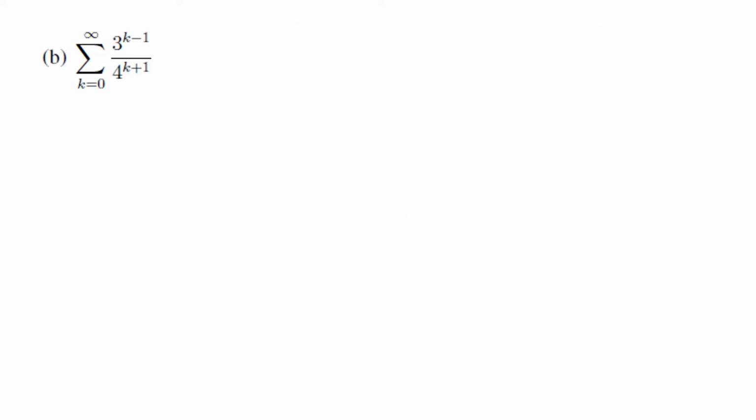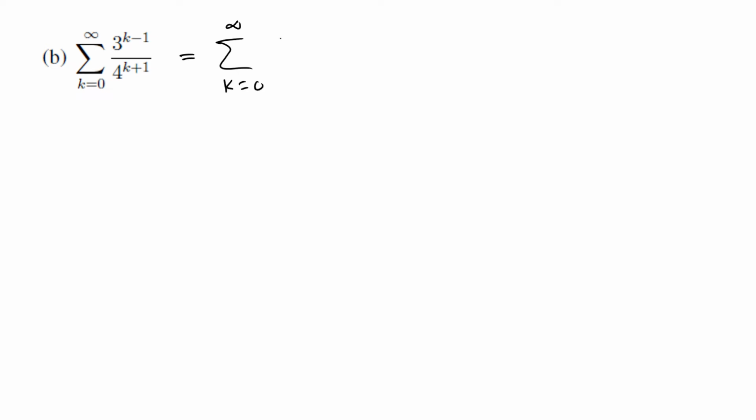The next one is something like that. You may figure out that this is a geometric series, but we still need some simplification. What you notice is that you try to collect the terms which have a k. So let's write it like that first, with k going from 0 to infinity.